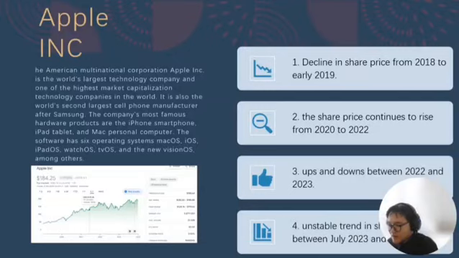The software has 6 operating systems: macOS, iOS, iPadOS, watchOS, tvOS, and the new visionOS, among others. As a major technology company, the trend of its share price is an important reference.